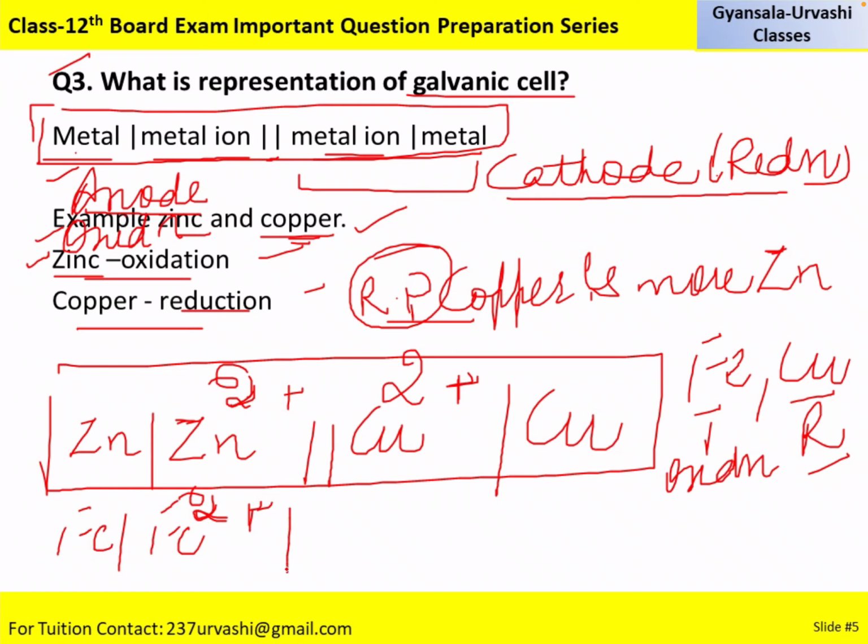After that there will be a double slash, same thing. Now I have to write the metal ion. Which metal ion? Copper. So the copper metal ion is Cu 2 positive, slash. Here the metal will be copper, since out of the iron and copper, copper is the one undergoing reduction. So this way we represent it.